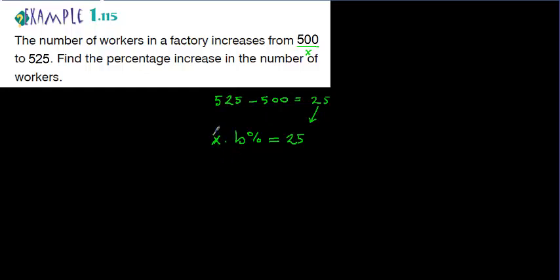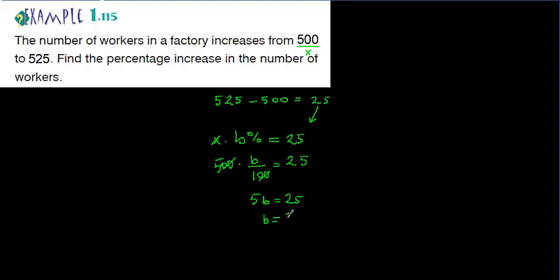So x is equal to 500. 500 times b percent, b means b over 100, is equal to 25. If you simplify these zeros, it's going to be equal to 5b is equal to 25.